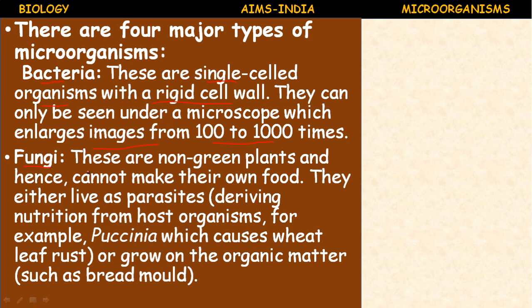Next, the second one is fungi. These are non-green plants and hence they cannot make their own food. Either they live as parasites, deriving nutrition from the host organisms. For example, Puccinia is a fungus which causes a disease to the wheat plant.